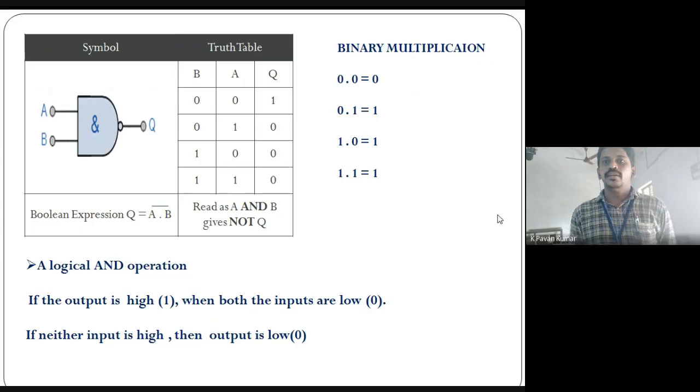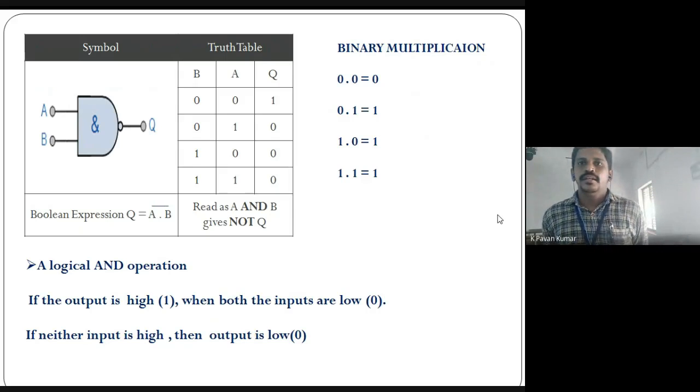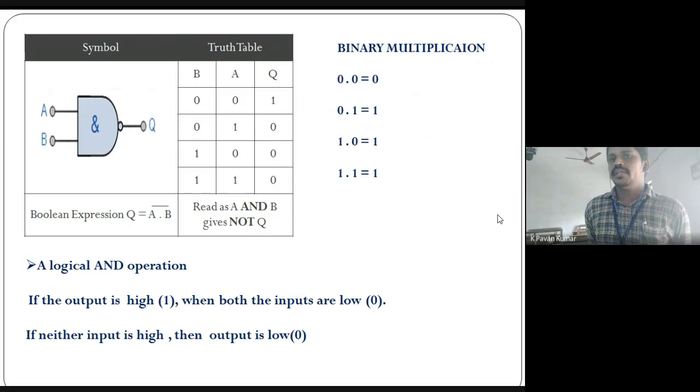Look at the truth table. In this truth table, we also use two variables and four combinations. In this logic, we use only binary multiplication because we use the AND gate operation A dot B. So we use four combinations like 0 dot 0 equal to 0, 0 dot 1 equal to 0, 1 dot 0 equal to 0, and 1 dot 1 equal to 1.